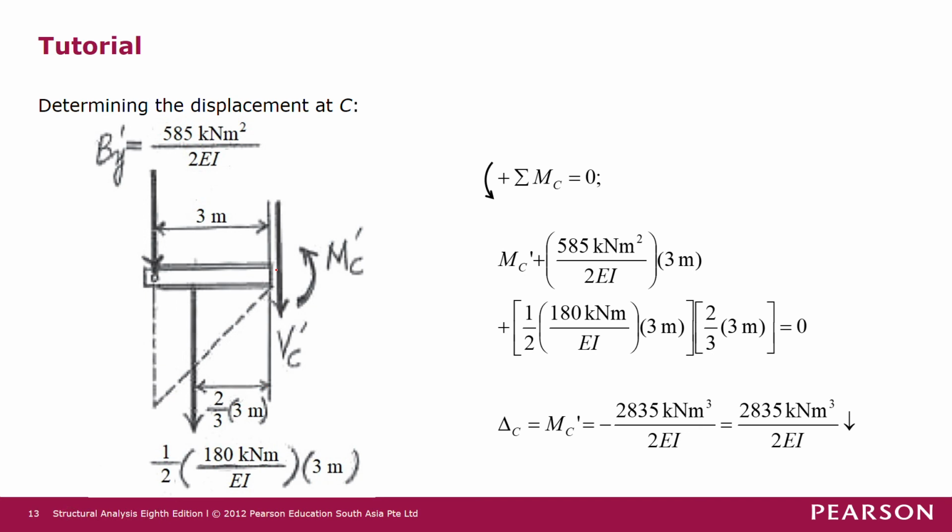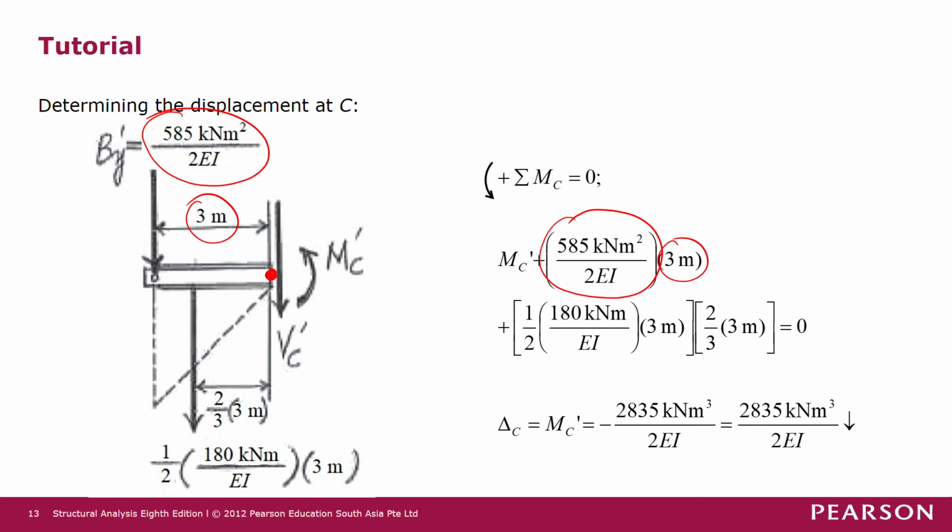So next we sum moment at point C here. So first we have this MC prime, which is anticlockwise, so positive MC prime. And then next we have this force By here, which has an anticlockwise moment with respect to point C, so it's 5 kilonewton square meter over 2EI times 3 meter, which is the moment arm.